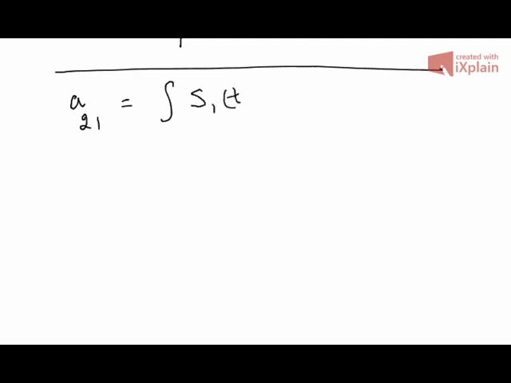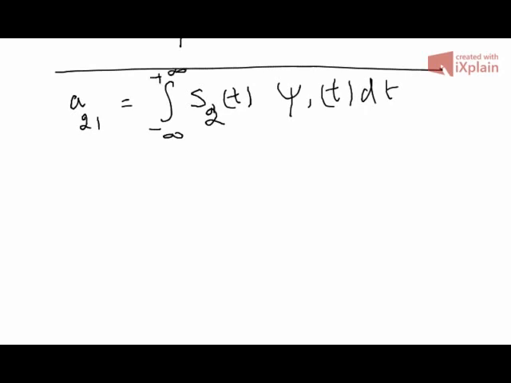If I try to find it for the second signal, a21, which would be the image of S2 of t over psi1, right? And we can find a21.